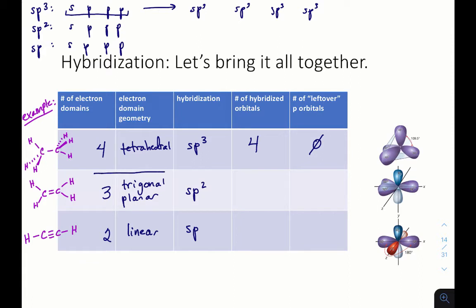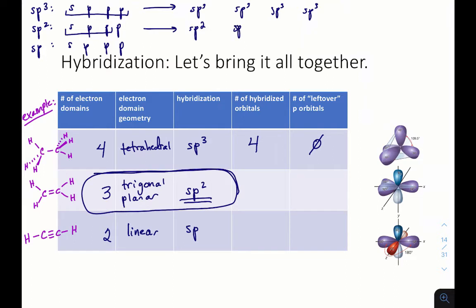For 3 total electron domains and trigonal planar electron pair geometry, the hybridization of the atom is sp2. One of the s orbitals and 2 of the p orbitals combine to make 3 hybrid orbitals, which we call sp2, because they are 1 part s and 2 parts p.